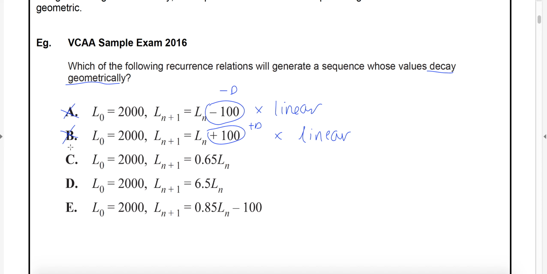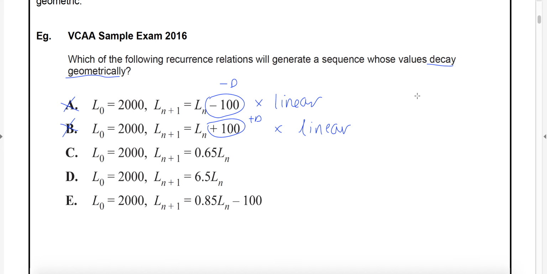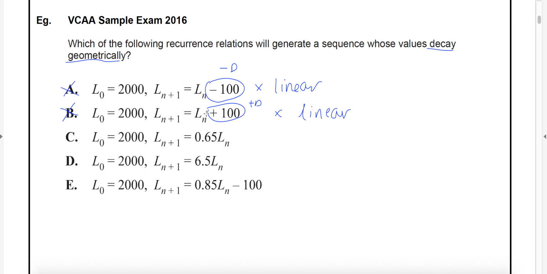The next thing you might like to do, since we want decay, so we want to see our values going down or decreasing, is eliminate anything that's being multiplied by a number greater than 1, because that takes us to a sequence where the values are increasing. So that's growth just there. That, of course, leaves us with two results.